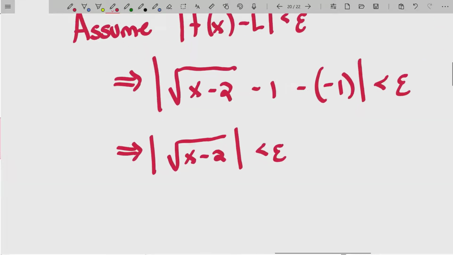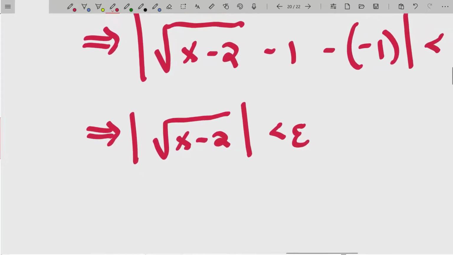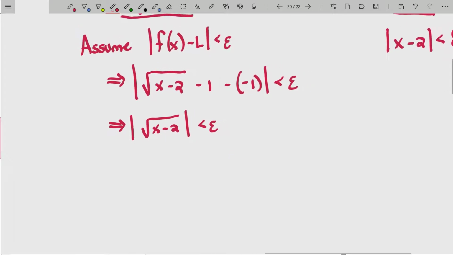Technically speaking, that absolute value is positive, or sorry, the square root is positive. There's no need for the absolute value. However, if somebody told me the answer is absolute value of 3 when the answer was supposed to be 3, I would say, well, technically you're correct, right? 3 is the same thing as the absolute value of 3. So there's nothing wrong, except for that it's somewhat elementary, but there's nothing wrong with leaving the absolute values there.